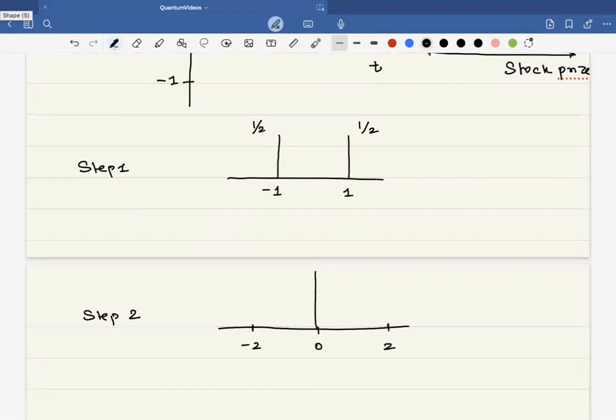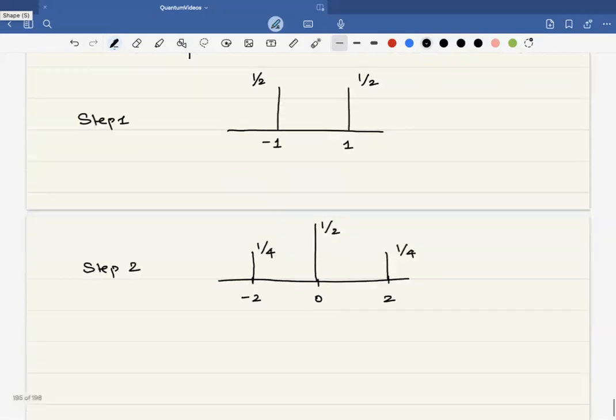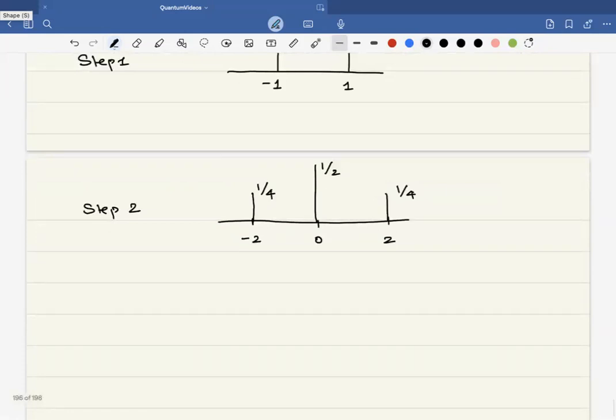The probability of being at 0 will be half, 1/4 at -2, and 1/4 at 2. So this is the probability distribution of the walker after 2 time steps. And let's do that for one more step.